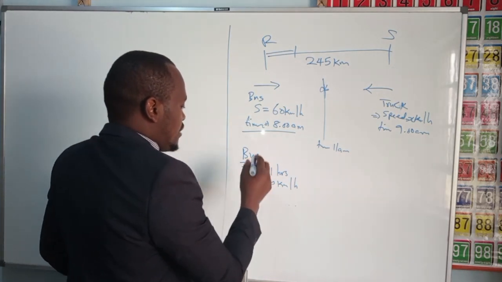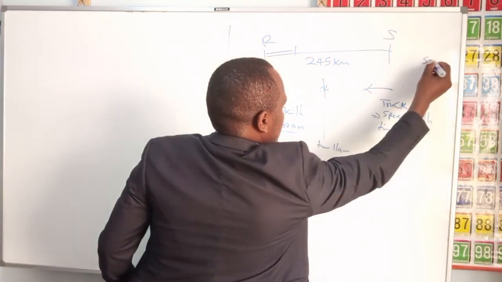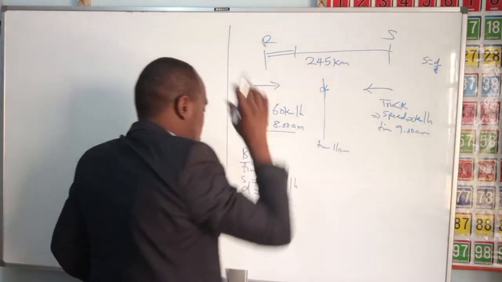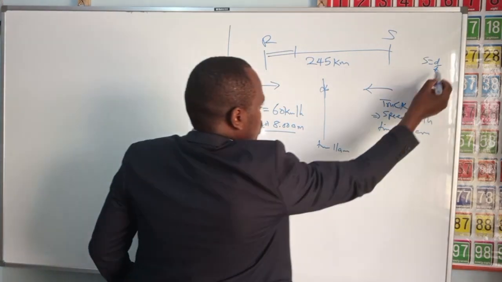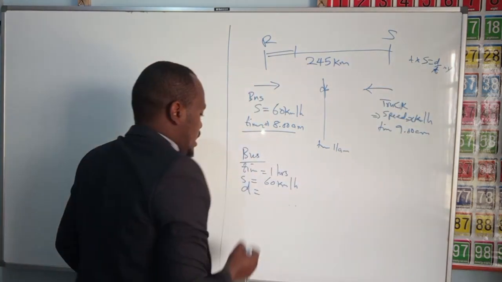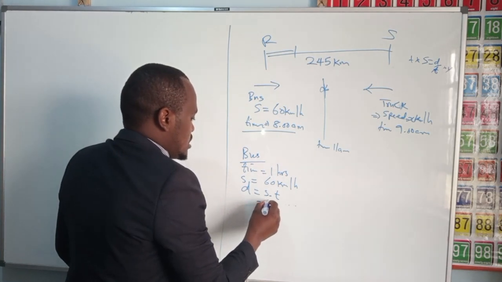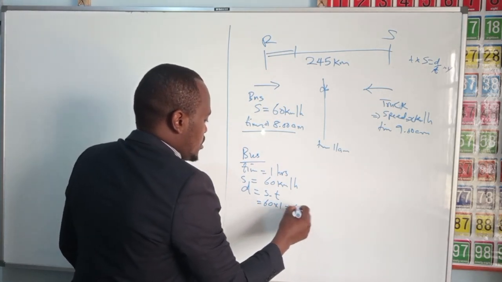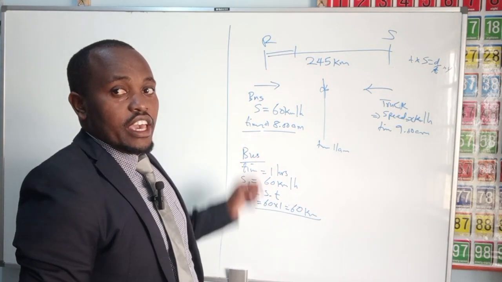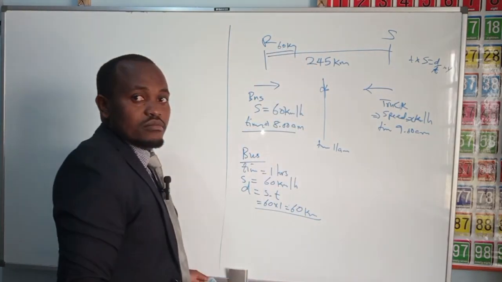We know that speed is equal to distance over time. When you make D the subject of the formula, you multiply both sides by T, and you have distance is equal to S times T. So you have 60 times 1, which is 60 kilometers. Therefore, the bus had moved 60 kilometers at this time.